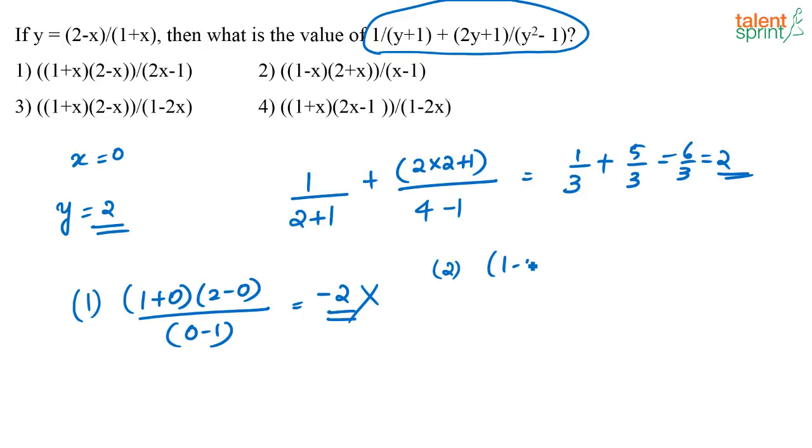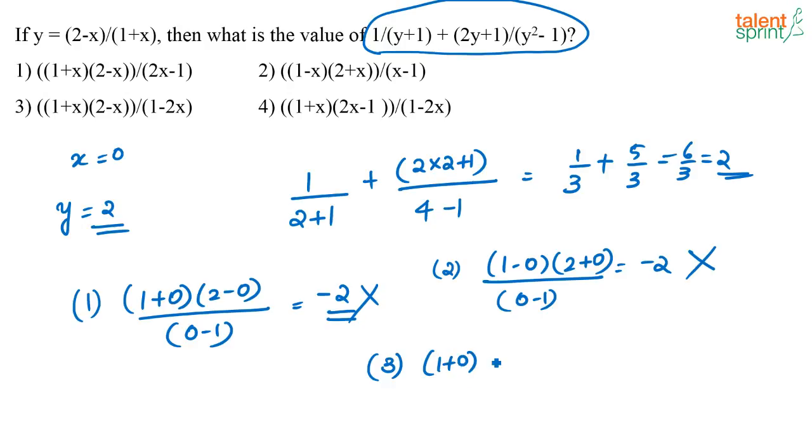Similarly, you will have 1 minus 0 into 2 plus 0 divided by 0 minus 1. Again, you will get the answer as minus 2, which is not the correct option. Check the third option. 1 plus 0 into 2 minus 0 divided by 1 minus 2 into 0, that is 1 minus 0, so that is equal to 2. So this is your right answer, that is option 3.